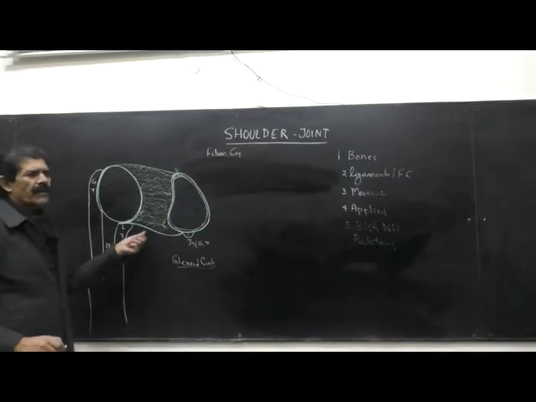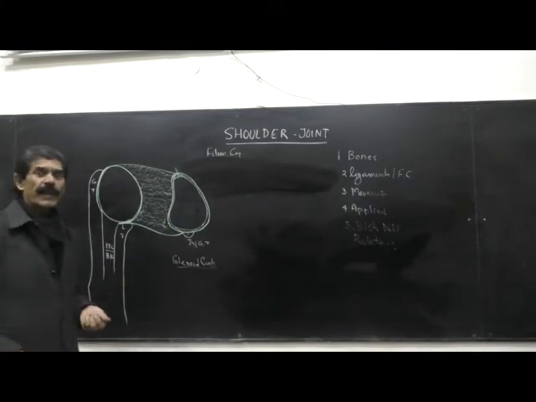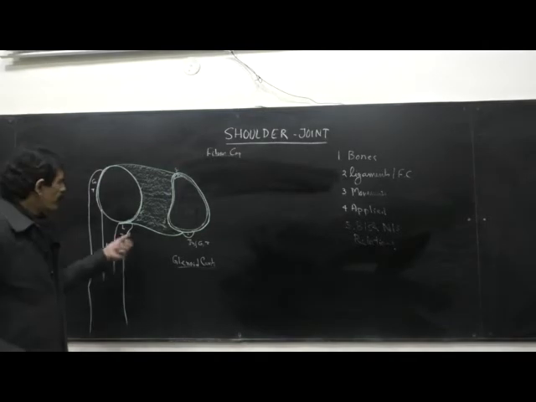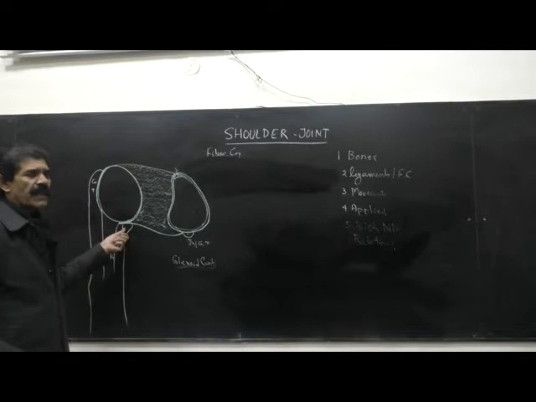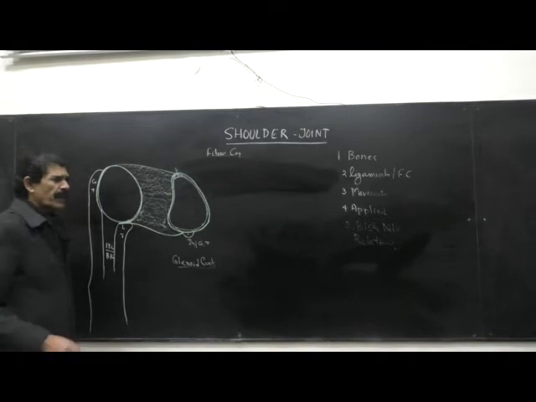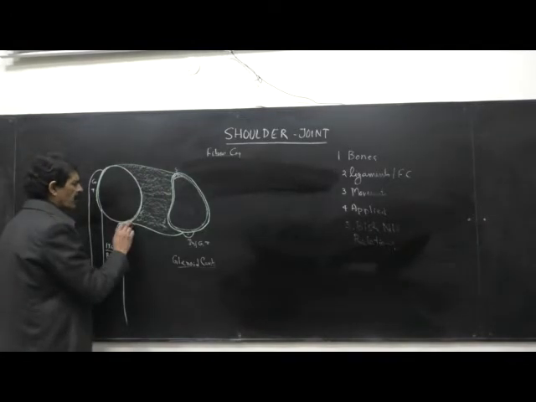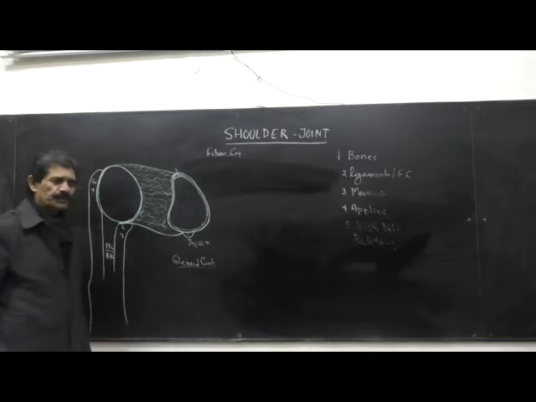Another thing about this fibrous capsule is that it has an opening below the subscapularis muscle, and this opening leads to the formation of a bursa also.